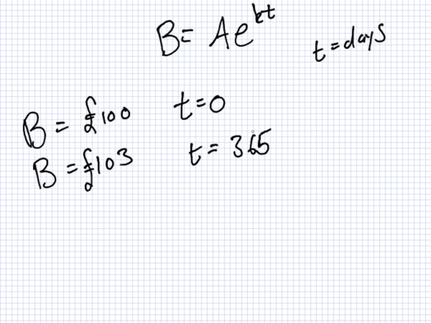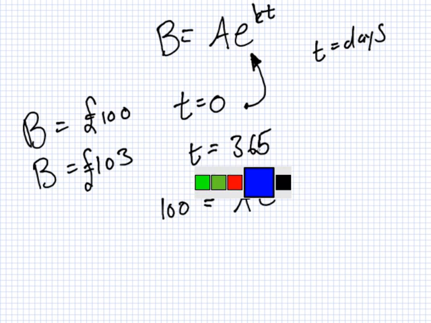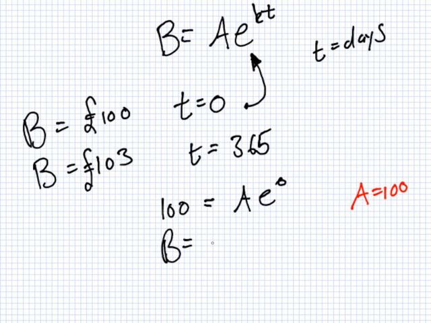And likewise here, even though it's a curve, you only need 2 points to find the A and the K. So if I put this in first, I'll get £100 equals A e^0. So what does the A equal? We can all see it's 100, yeah? So now I have B equals 100 e^KT.